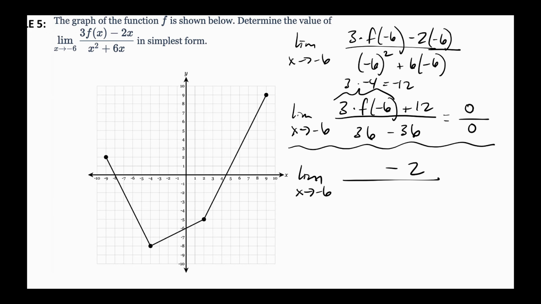It's going to start 3 times, but what is it going to be instead of f of x? It's going to be f prime. We don't know what f of x is. We just know it's the derivative. Okay, 3 times f prime. The bottom is just x squared plus 6, so that's just 2x plus 6.